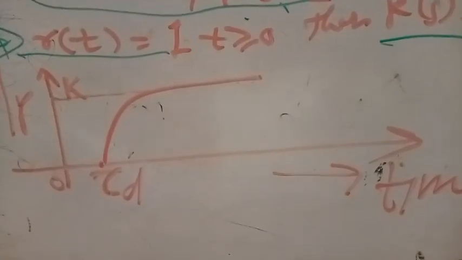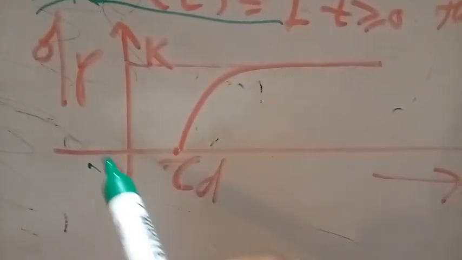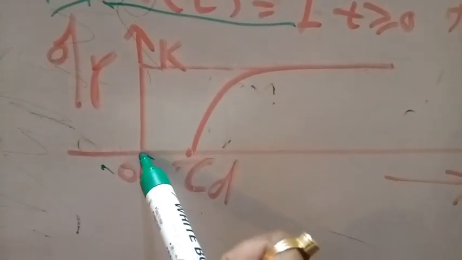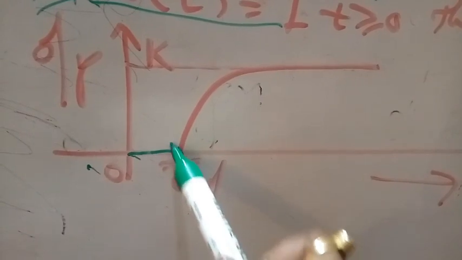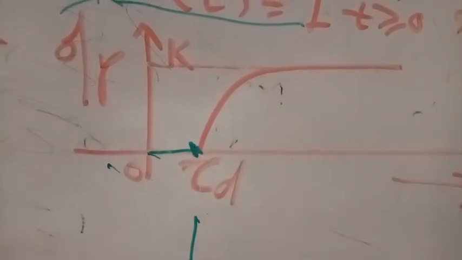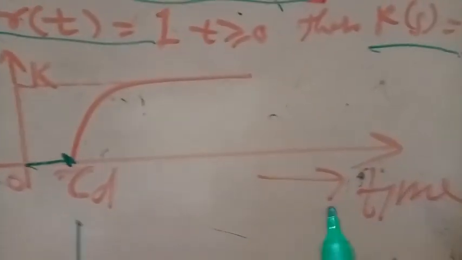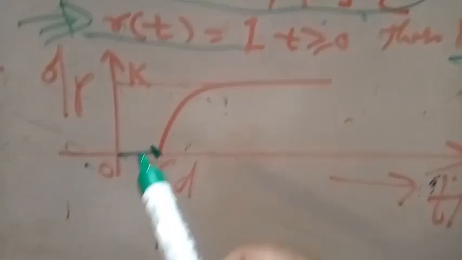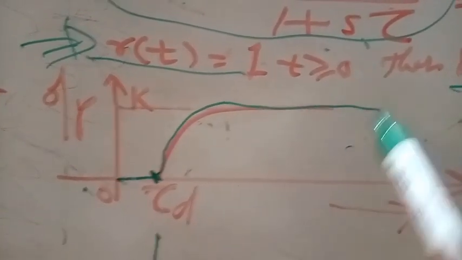When t is equal to 0, output is equal to 0. When t increases, output is still 0, and finally you obtain the output only after tau d. So this is called a transportation lag. Then as time increases, output also increases, and we obtain the unit step response.